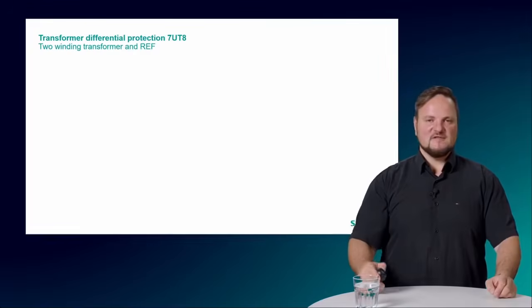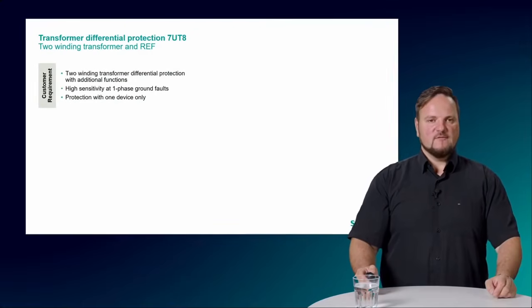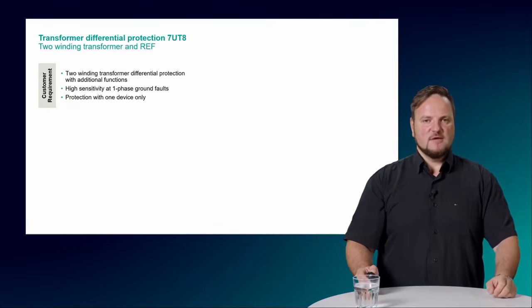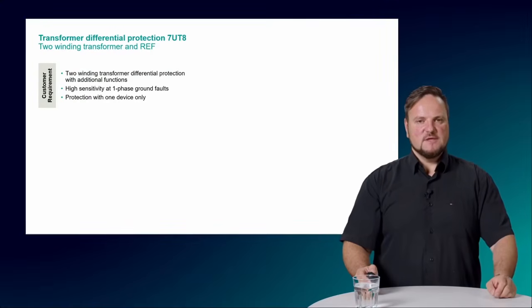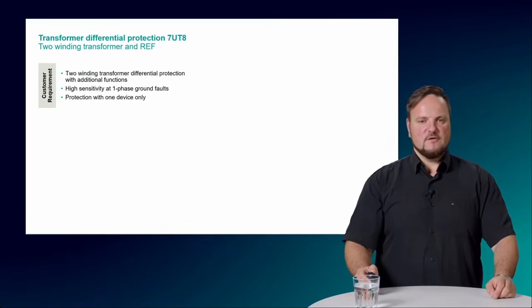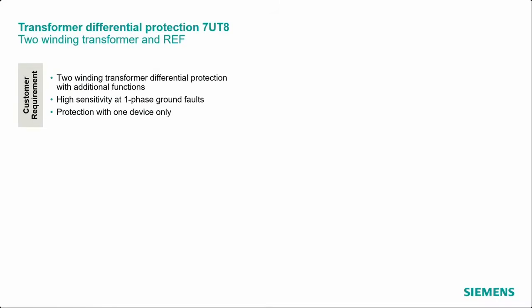Now we extend the application a little bit more, and we have now a 2-winding transformer, and additionally we have a restricted earth fault here because we want to measure the earth current which is flowing into the transformer in case of a winding fault, and therefore we can offer now a high sensitivity to one phase to ground faults here.